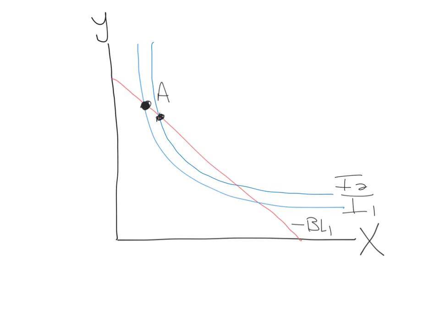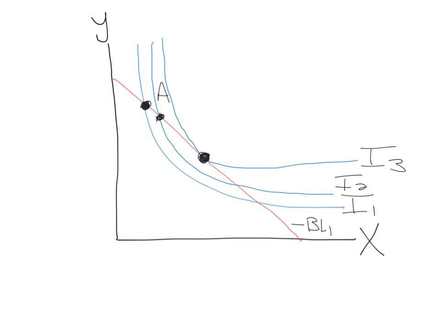So if you're applying that logic, essentially you're going to continue to move to an indifference curve that is higher and higher. And at the end of this process, you're going to end with the consumer consuming on an indifference curve that is just tangent to, just touching that budget line. And that indifference curve will be the one that the consumer wants to achieve.